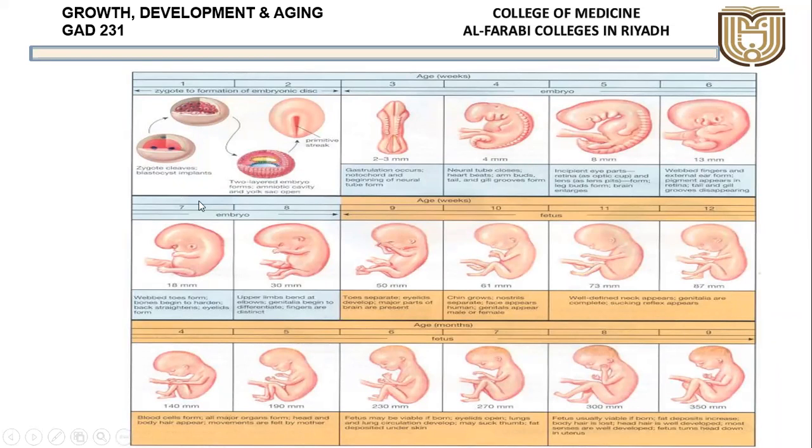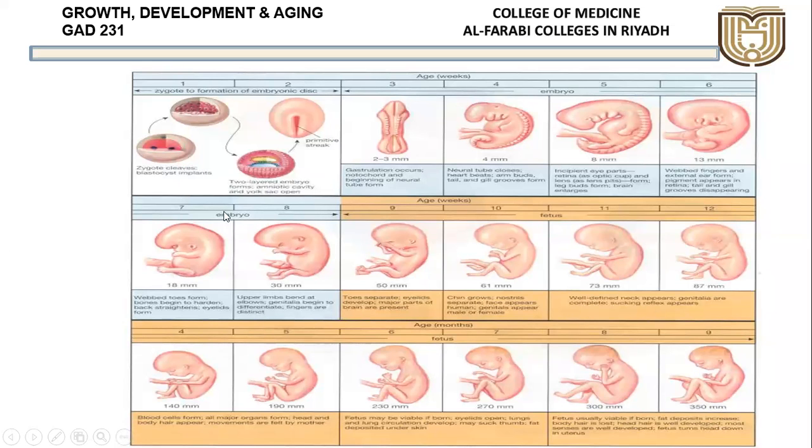So here this is the period during the first, second, and third weeks. So this was the germinal period. Then we saw the embryonic period from the third week onwards, which will continue up to the eighth week.